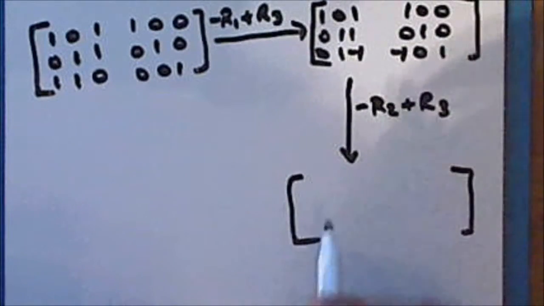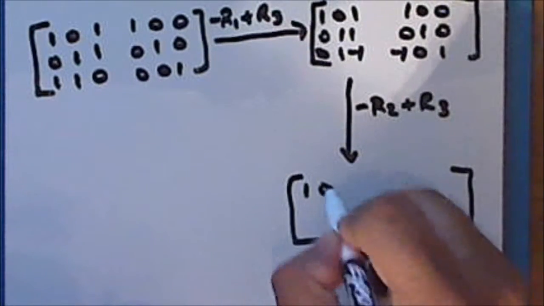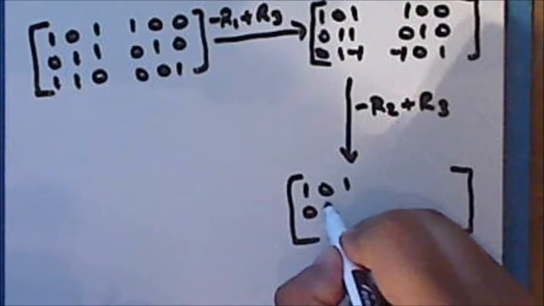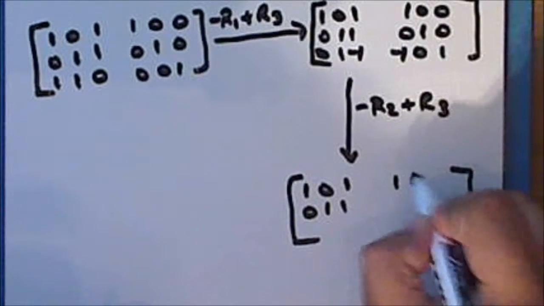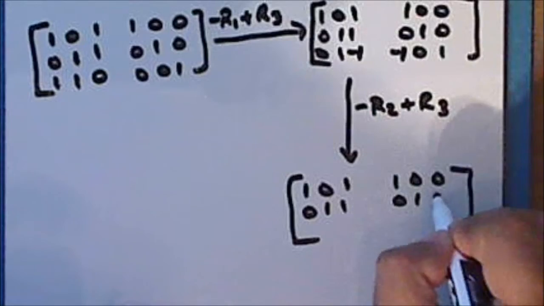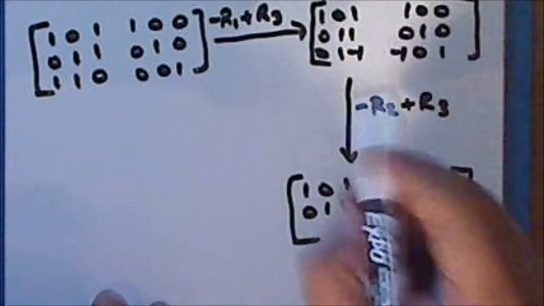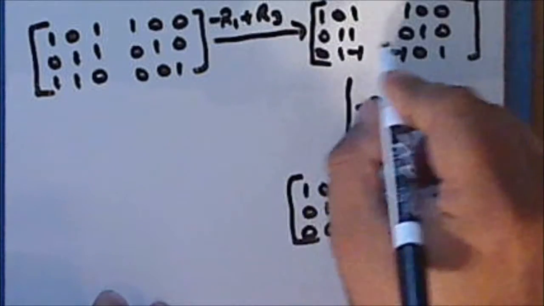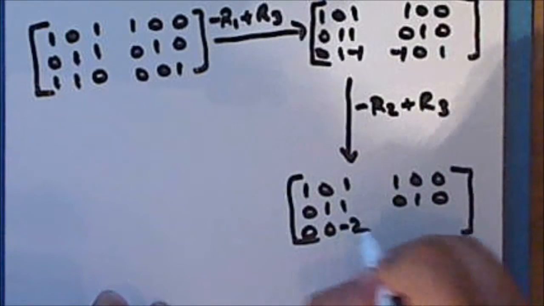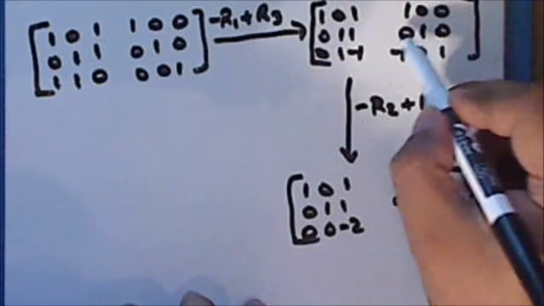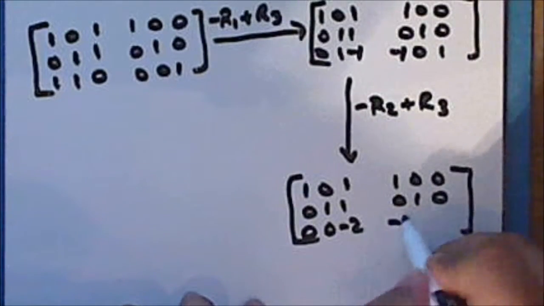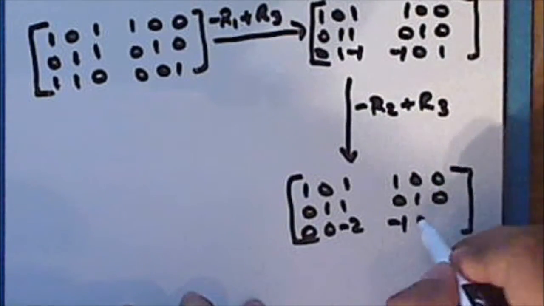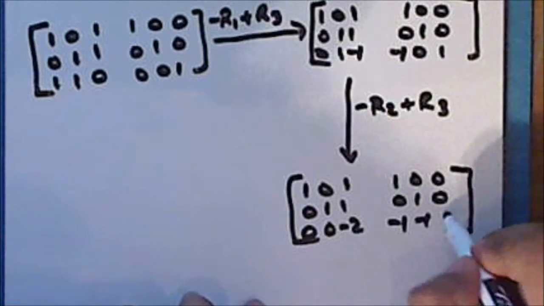So again, row 1 and row 2 do not change. Negative 1 plus 1 is 0. Negative 1 plus negative 1 is negative 2. 0 plus negative 1 is negative 1. Negative 1 plus 0 is negative 1. And 0 plus 1 is 1.